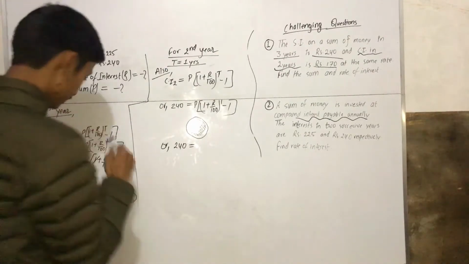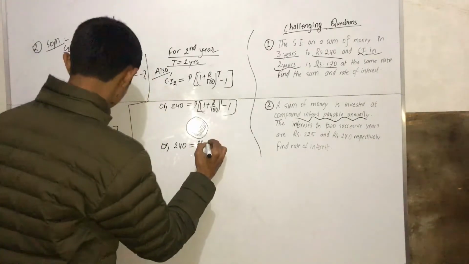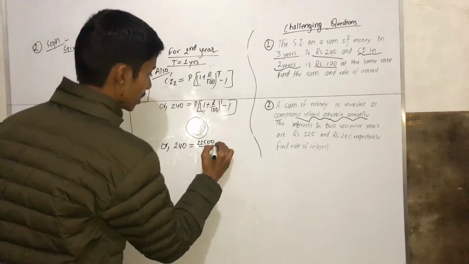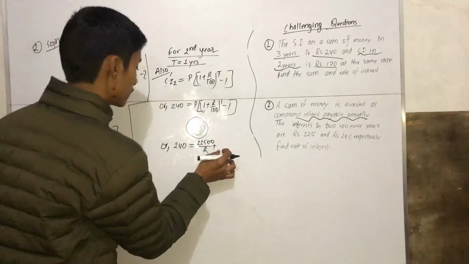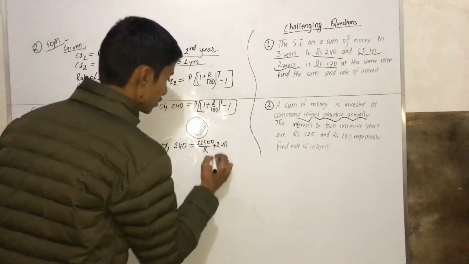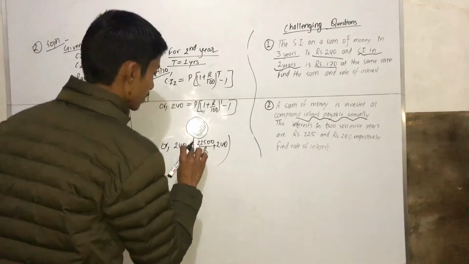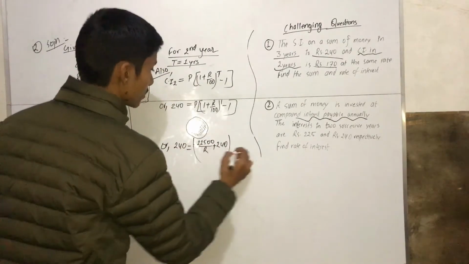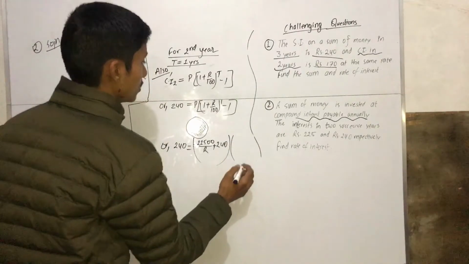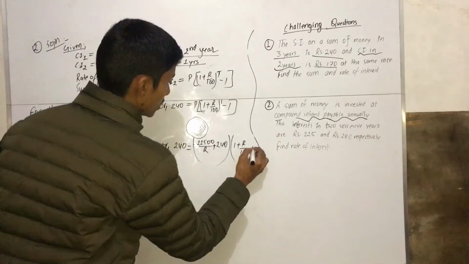That is 22500 by R plus interest for the first year, that is 240. And here we can write 1 plus R by 100 minus 1.